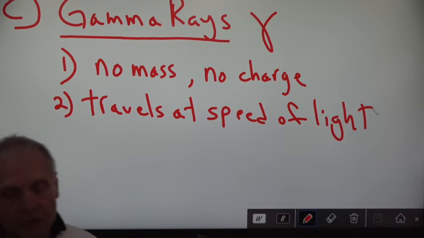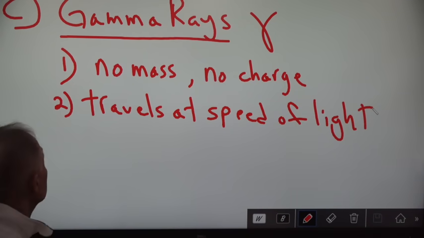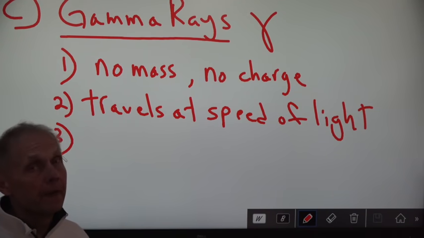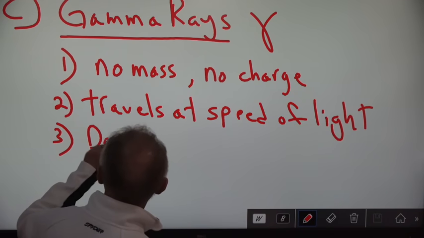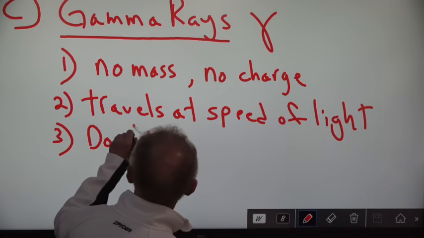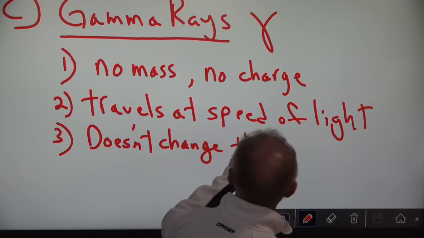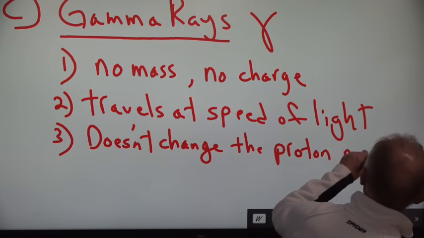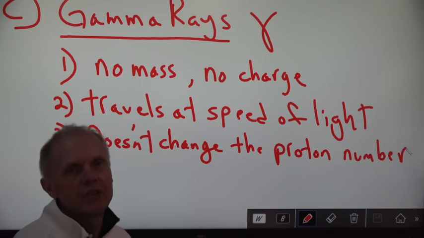Second thing is it travels at the speed of light, because it's a ray, it's like a light ray. So if it doesn't transmutate anything, then it must not change the proton number. And if it doesn't change the proton number, it doesn't change the element.